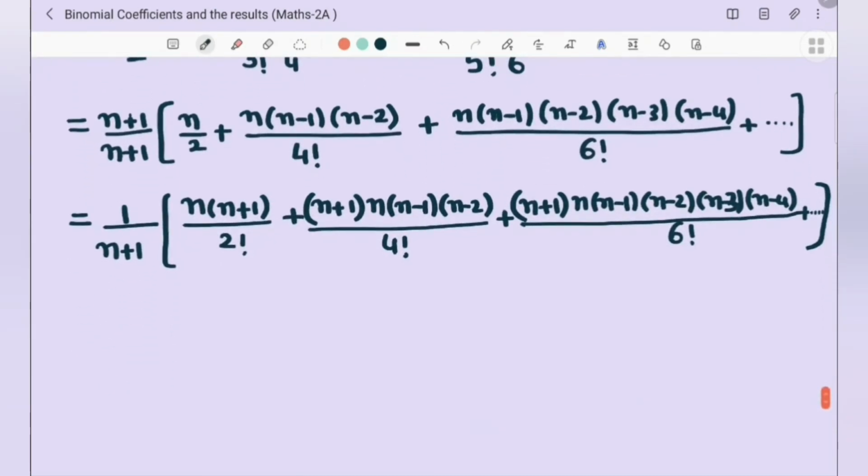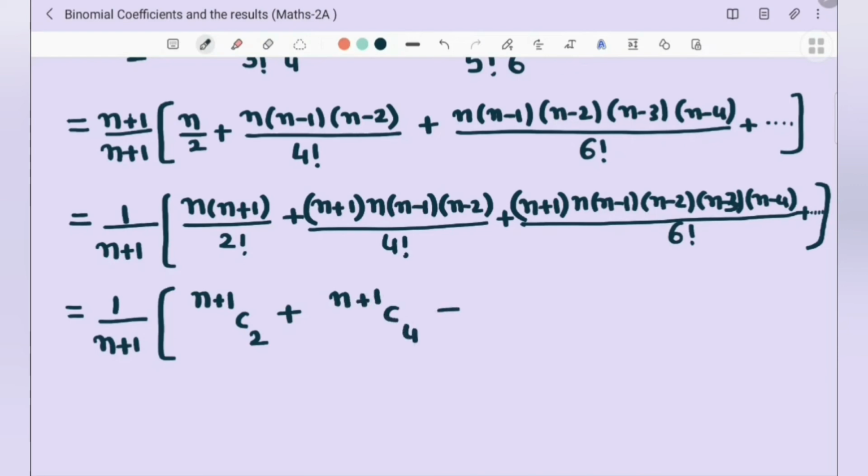So n into n plus 1 by 2 factorial can be written as n plus 1 C2 from the binomial coefficients. 1 by n plus 1, this term can be written as n plus 1 C2, plus n plus 1 into n minus 1 into n minus 2 by 4 factorial can be written as n plus 1 C4, plus this can be written as n plus 1 C6 plus and so on we can write it.